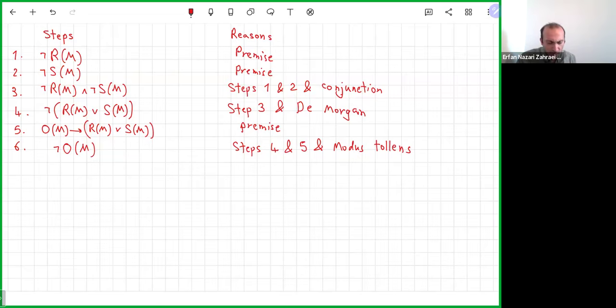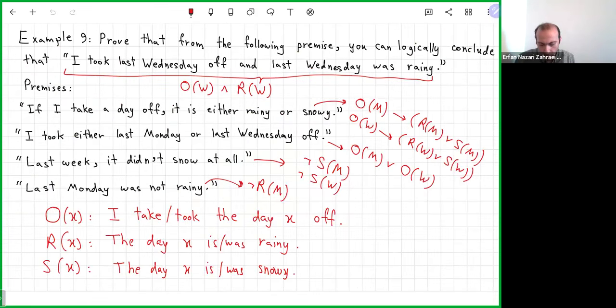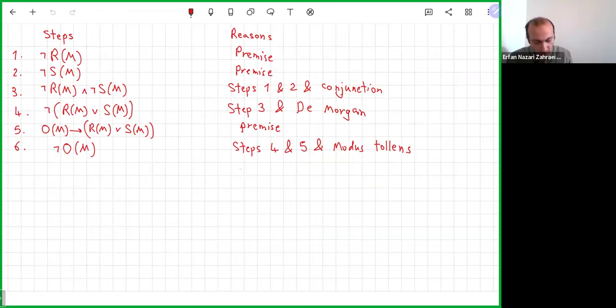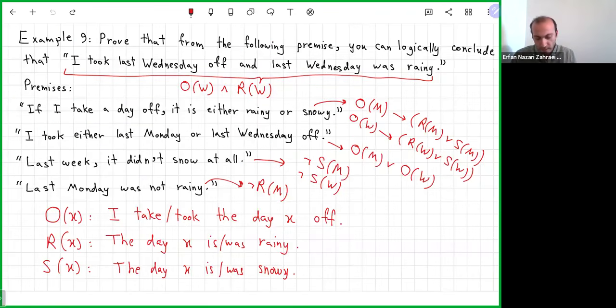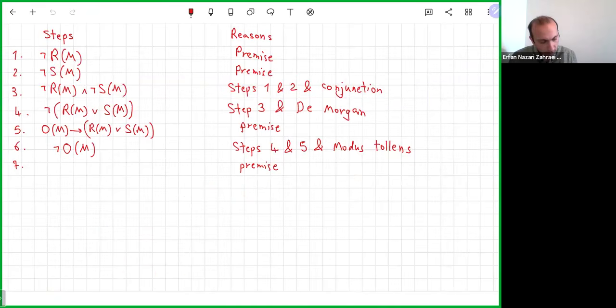Okay, good. Now what can I use? Look at my assumptions. Om, I have it here. Now let me use this. So bring this premise, which is either I took off Monday or Wednesday: Om or Ow.